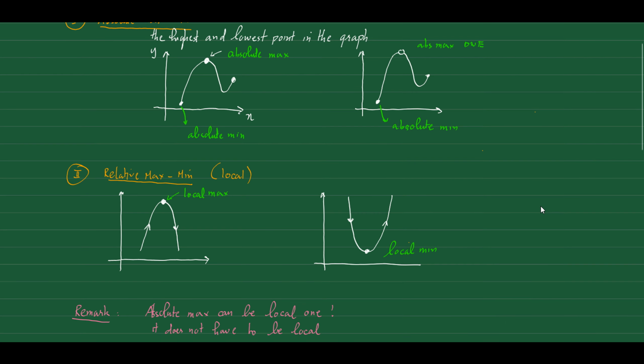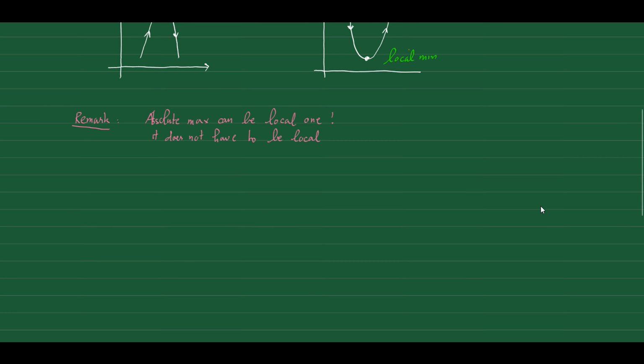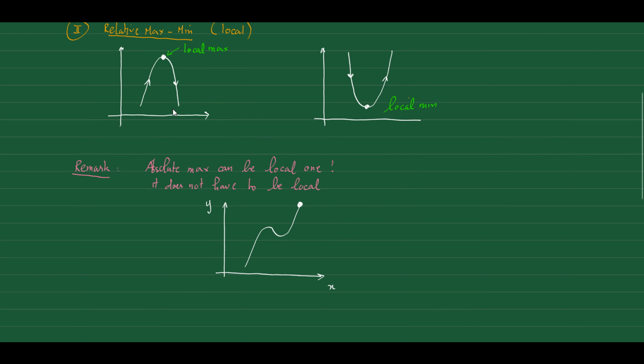Now, in order to clarify this, I can give you a picture. I have a graph like this. In this picture, I will locate the absolute max, but it's not local. Right over here, you see this is the highest point, right? But it's not local, because in order to be called local, it must be going up then going down.